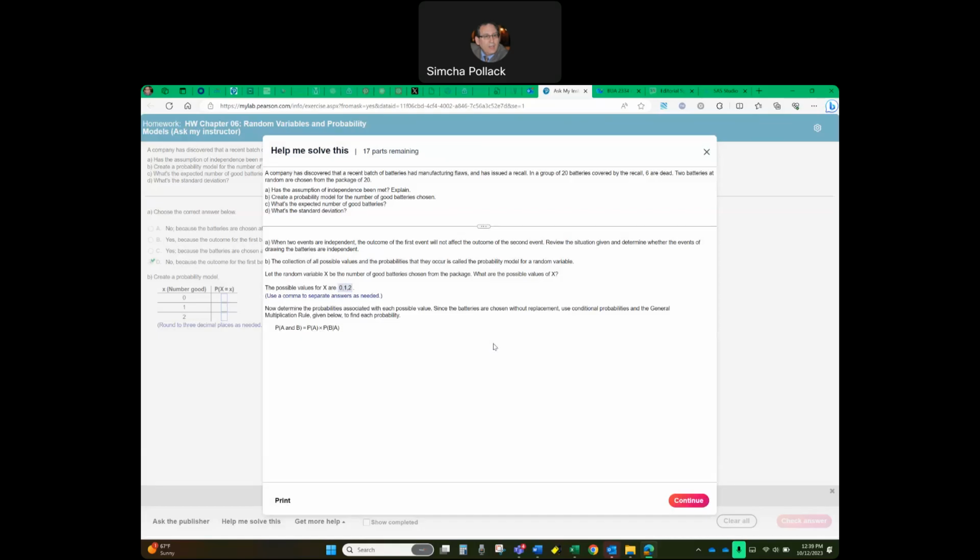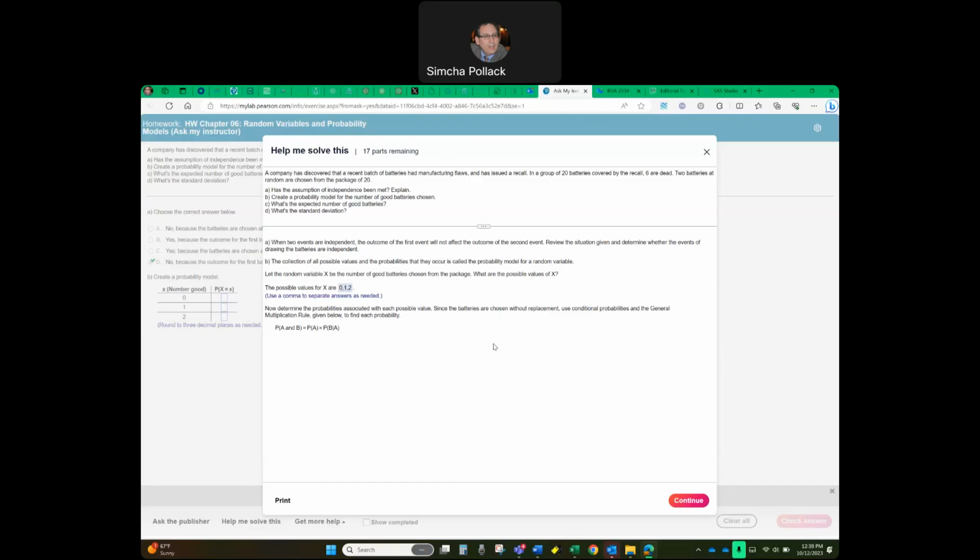Well, they're going to use the following formula: if the probability of 2 events happening, A and B, where A and B are independent, then you simply multiply, P of A times P of B. But if A and B are not independent, as they are here, you have to use a slightly more sophisticated formula called Bayes' formula. Here A refers to the first battery being bad, because X equals 0 means there are no good batteries, meaning they're both bad.